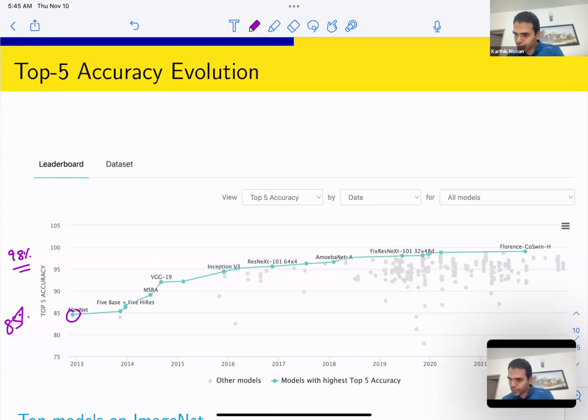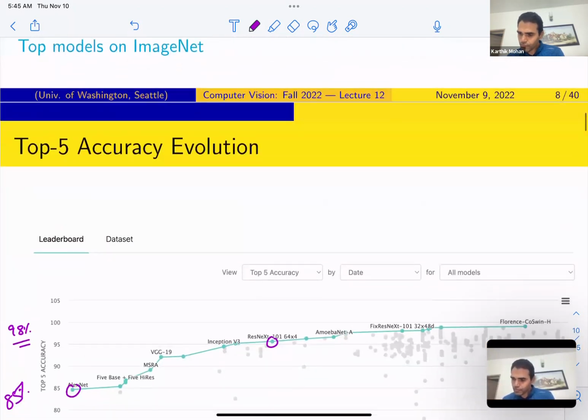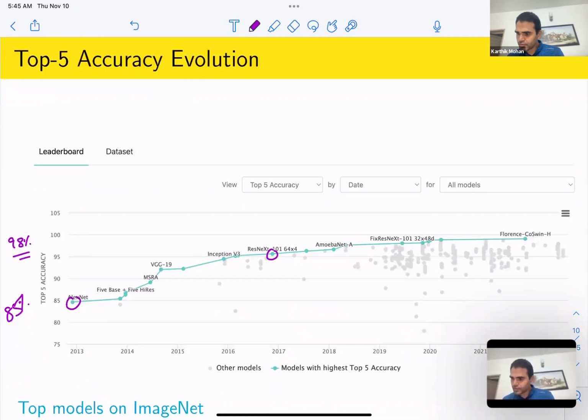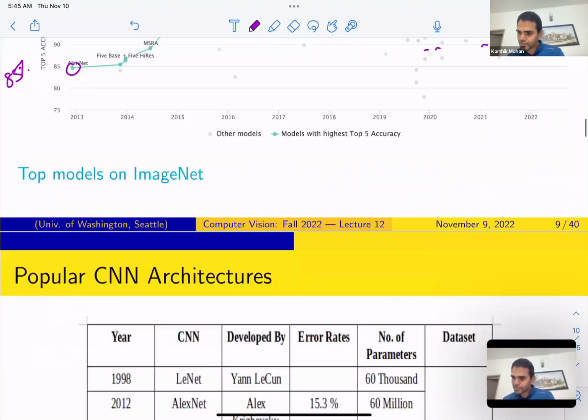If you look at ResNeXt, I think it's close to 96% in 2017. So already come pretty close. Yeah, there's so many submissions that have been made over the years.